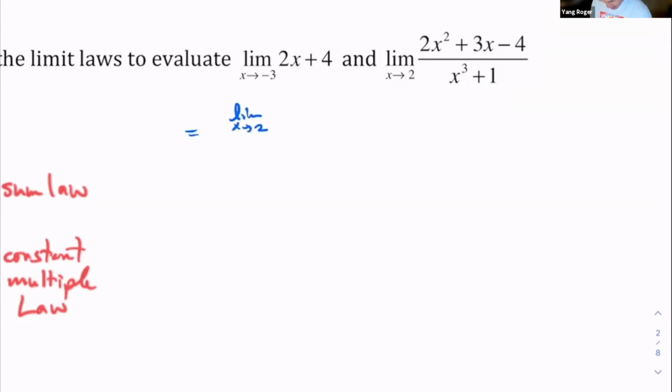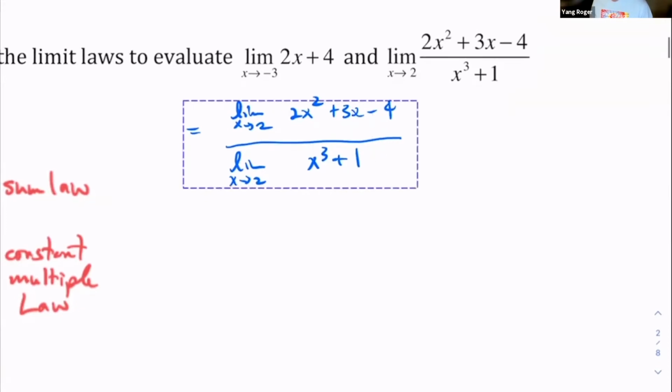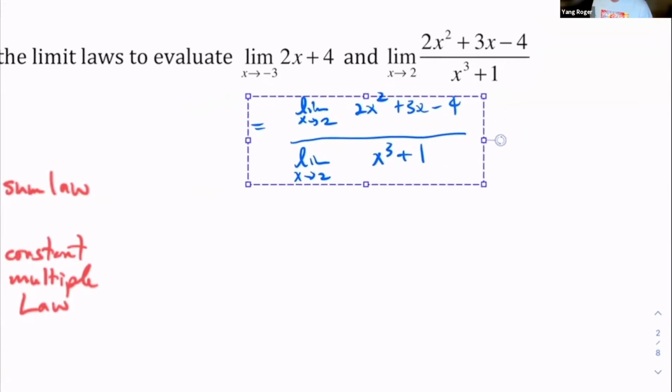So we could write it like this: 2x squared plus 3x minus 4, and then x cubed plus 1. Okay. Thank you, Luciano. That for sure is our first step.